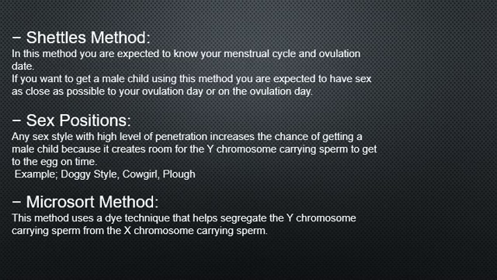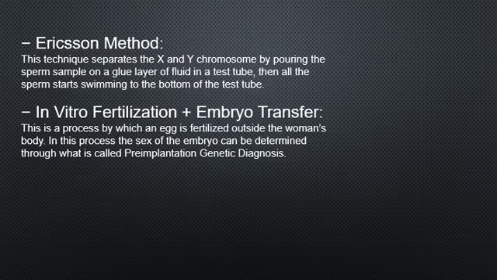So let's look at the next method, which is the Erickson method. This method separates the X and Y chromosome sperm by pouring the sperm sample on a gluey layer of liquid in a test tube. Then all the sperm start to swim to the bottom of the test tube.